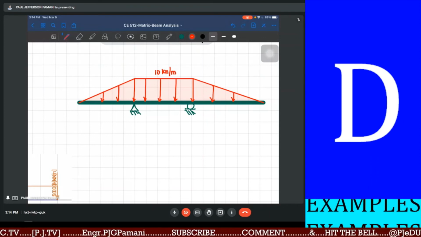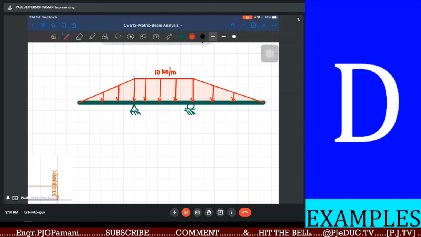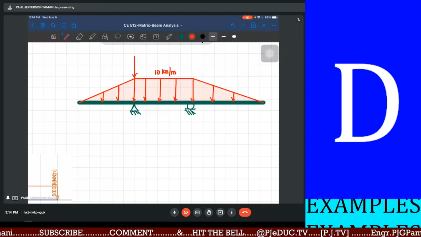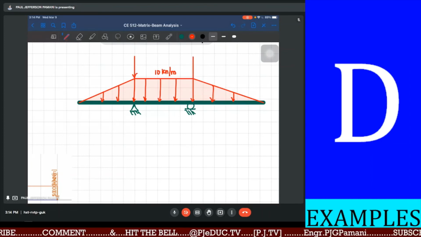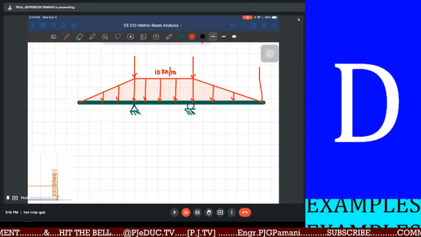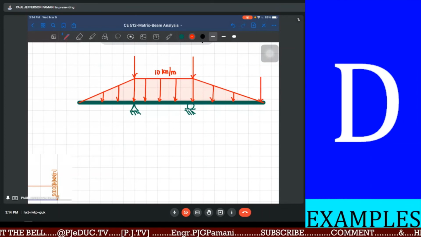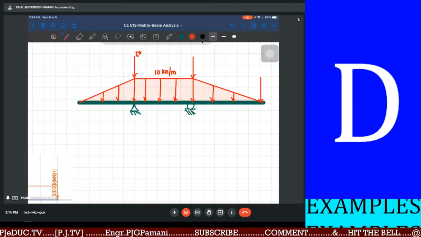Then we'll add concentrated load here, another concentrated load here, and another here of 5 kilonewton each.